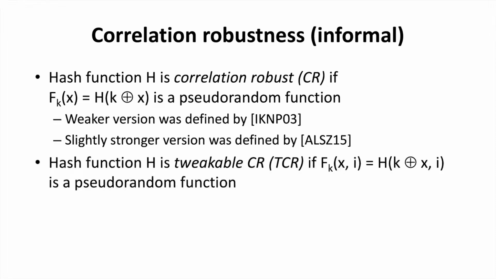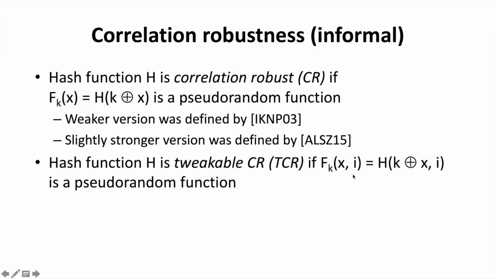The tweakable correlation robust hash function is defined in a similar way to correlation robustness. Essentially, the hash function now takes an input x and also an i as input, and the corresponding keyed function is defined in a similar way.